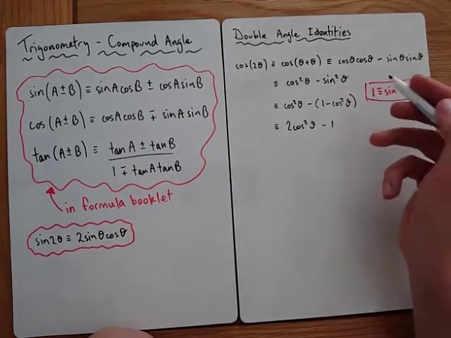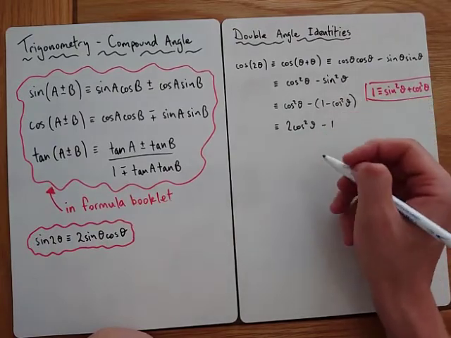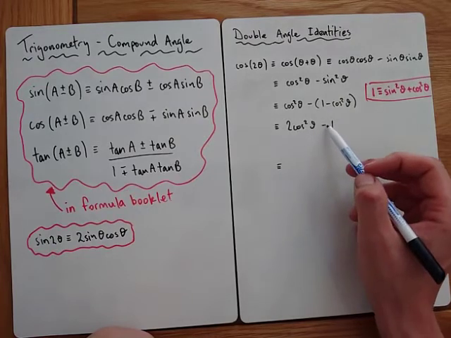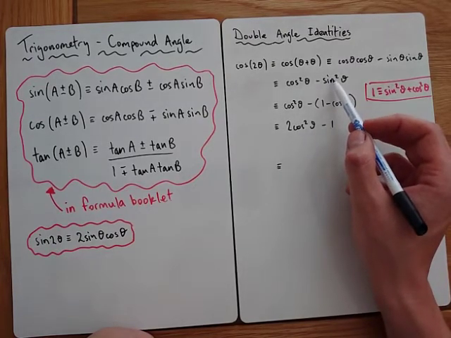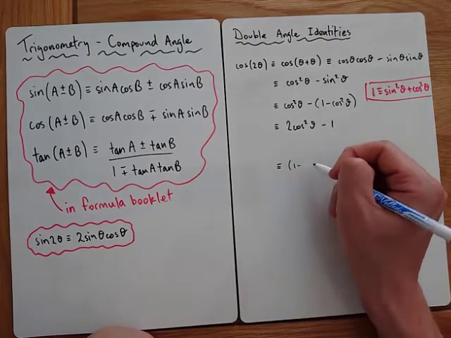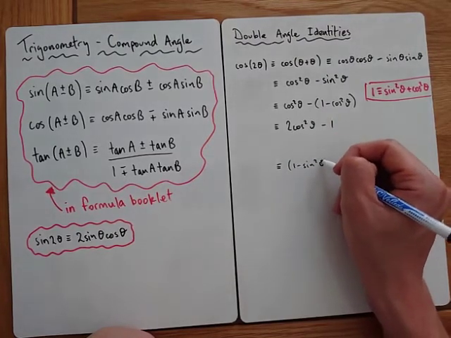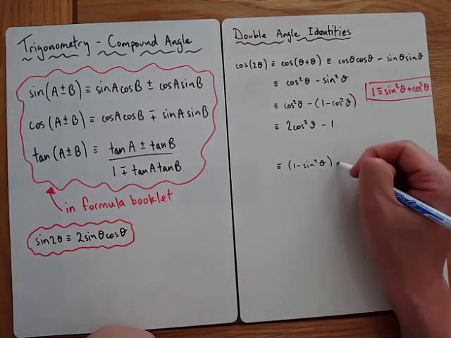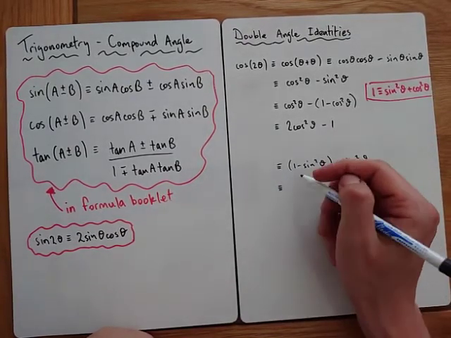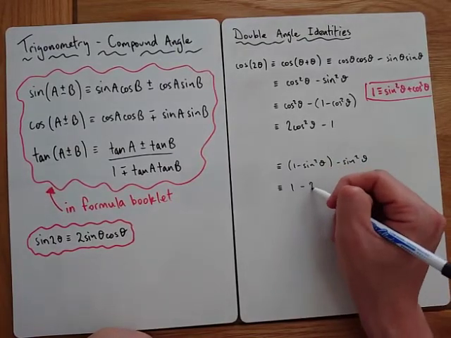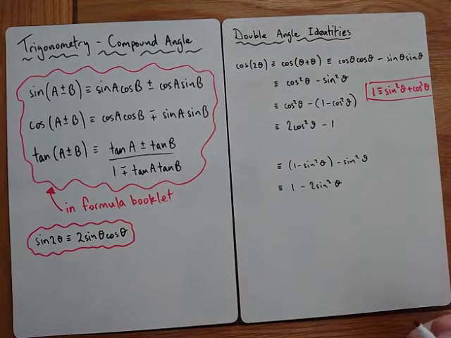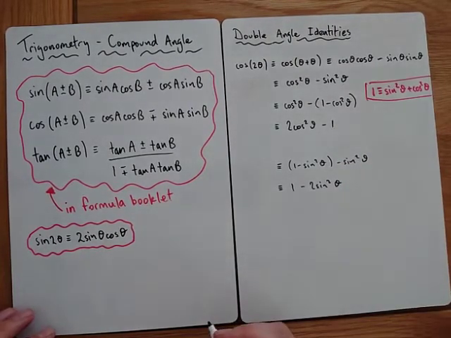Okay, we can also go back to this line, and instead of getting everything in terms of cos squared, we can get everything in terms of sine squared. So we could replace cos squared with 1 minus sine squared, minus sine squared. So that would be equivalent to 1 minus 2 sine squared theta. And you'll see why these different versions are really useful.